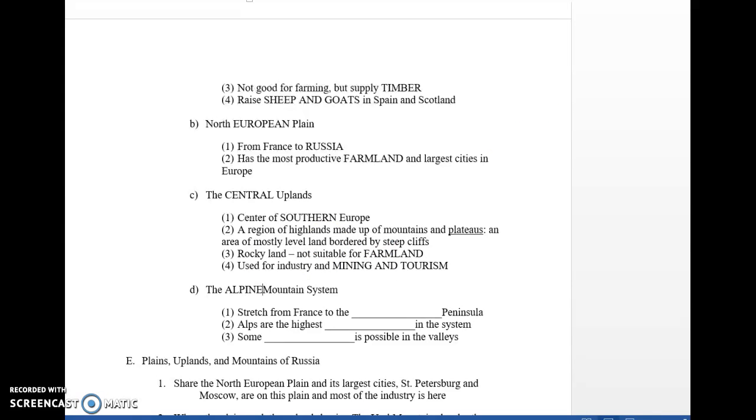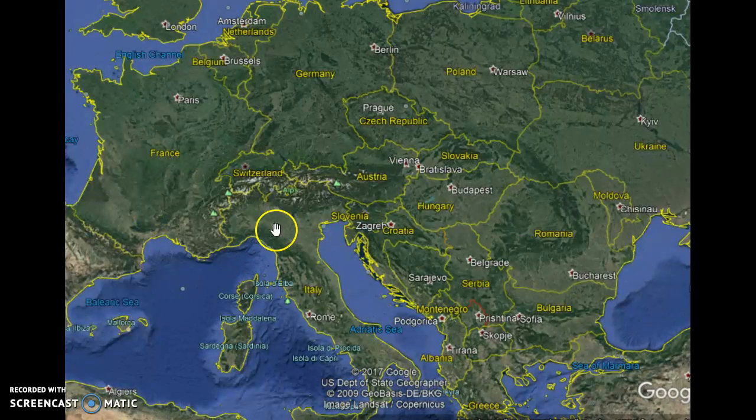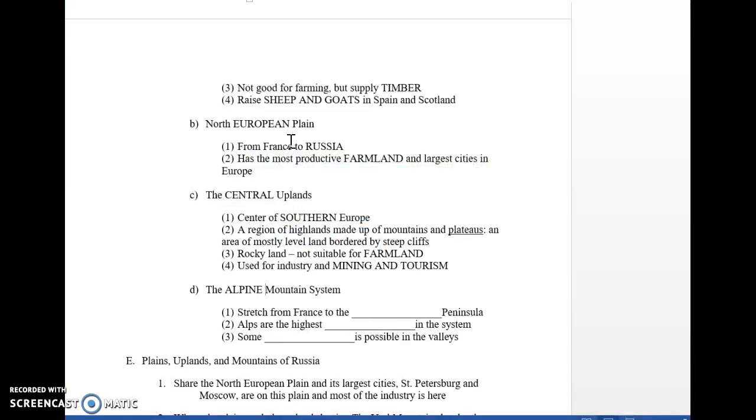The Alpine mountain system, let me backtrack. Where the Alps are, that would be the Alpine mountain system. The uplands are just north of that. So the uplands would be this area. So think about as you approach the mountains, you have the uplands area that's reaching up to the mountains. The Alpine mountain system stretches from France to the Balkan Peninsula.